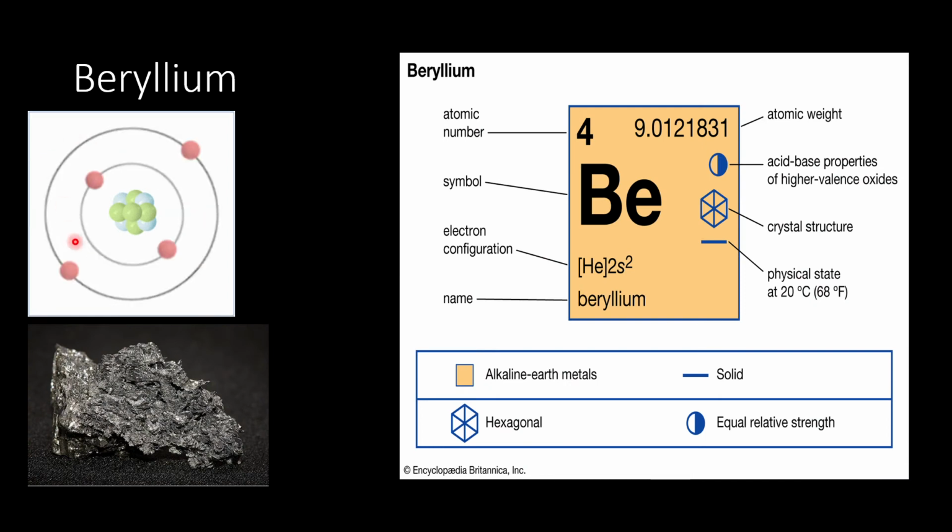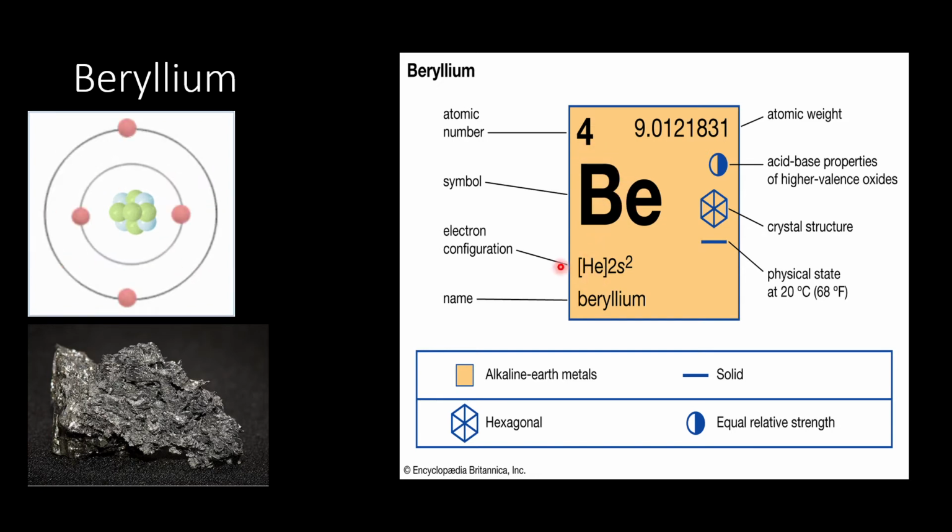So this is beryllium, and it has a 2s2 orbital because it has two valence electrons, and this is the beryllium that we can see in our daily life. The atomic number of beryllium is 4.